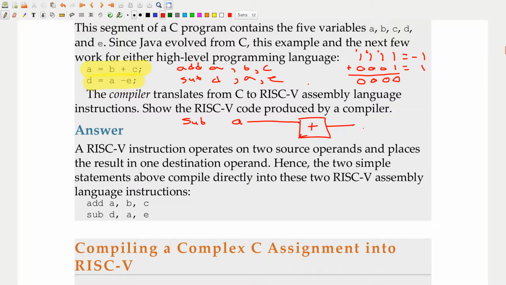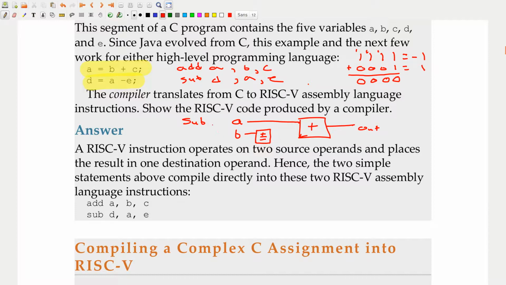And so this is going to be our output. We take B, and what happens here is B goes into this box. And this box is going to be plus or minus.